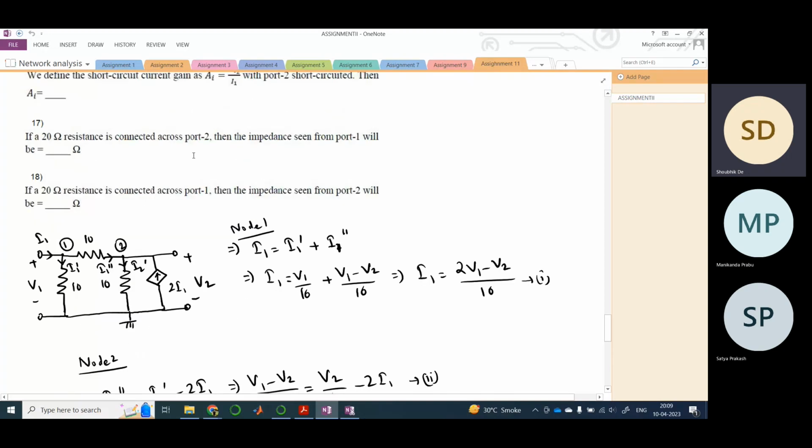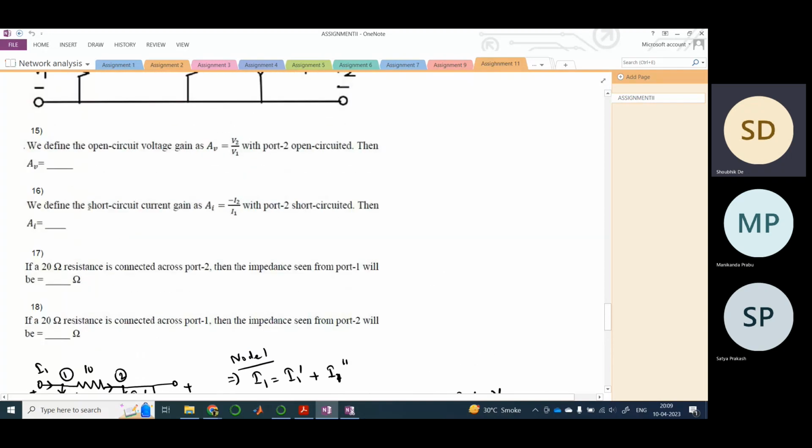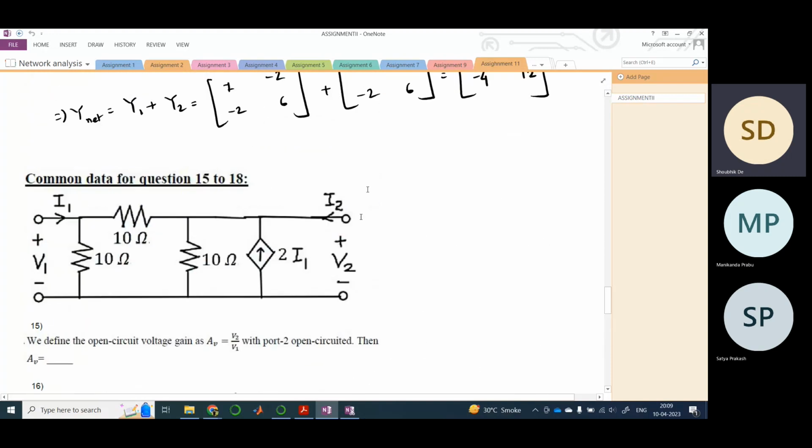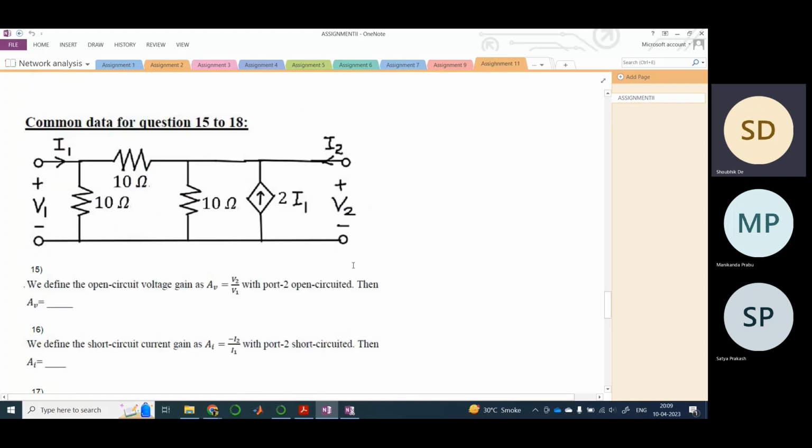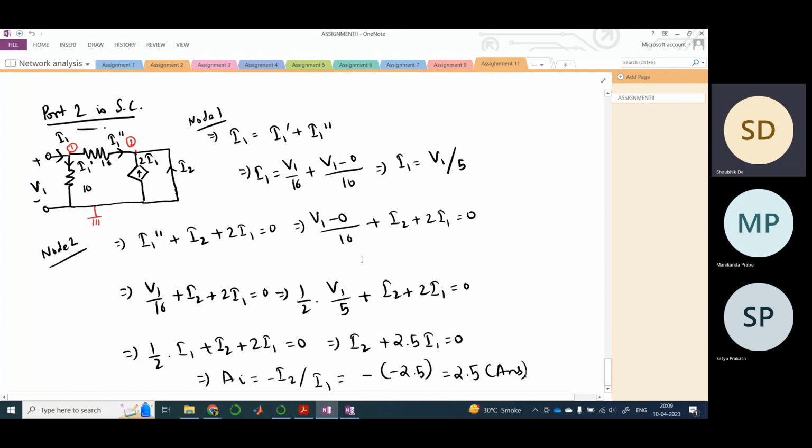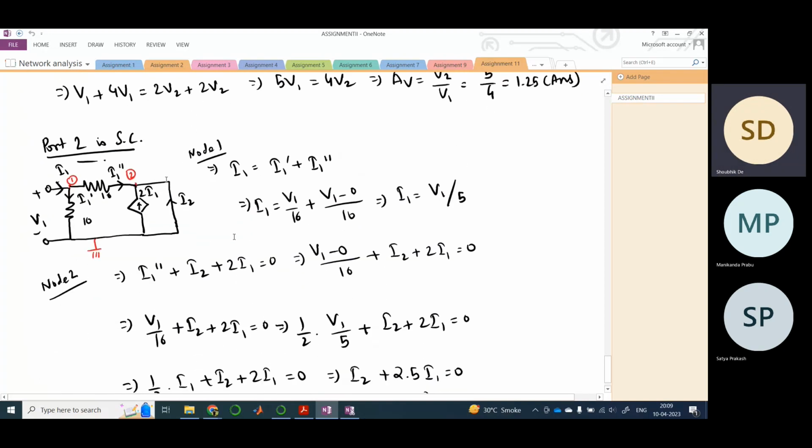In the question they have told we define the short circuit gain as minus I2 by I1, where port 2 is short circuited. So port 2 is short circuited means this is shorted, right? V2 is gone, it's zero. So we redraw the circuit here, and the 10 ohm resistor is cancelled.